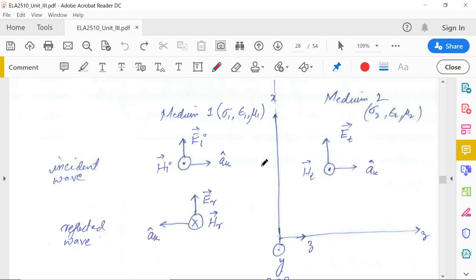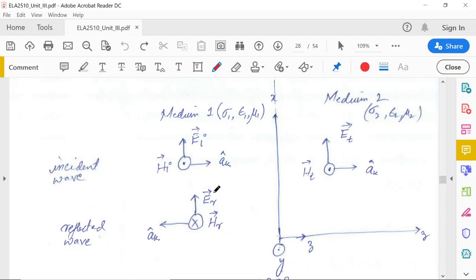When it is reflected back at this point, the direction of propagation will be reversed. Now the direction of propagation will be along minus ak, that is, the minus z axis. If you consider ER to be again in the positive x direction, then HR will be along the negative y direction.